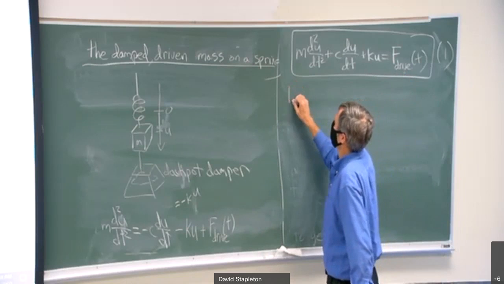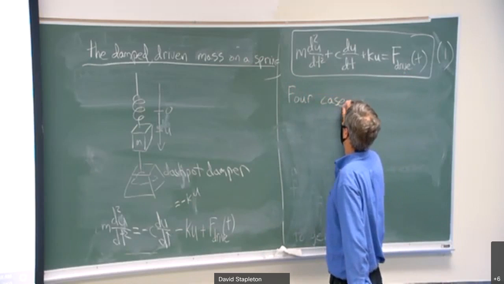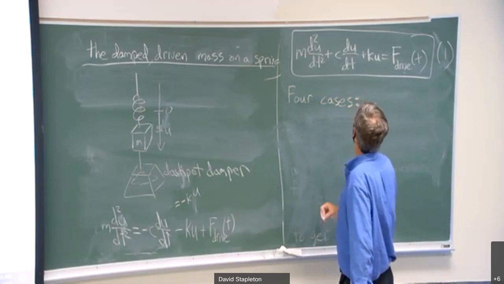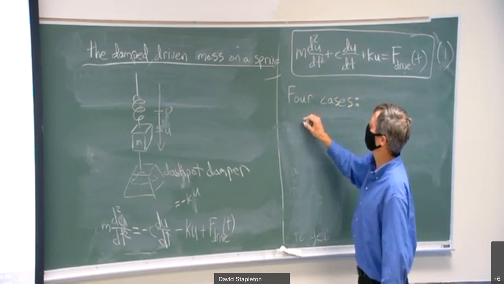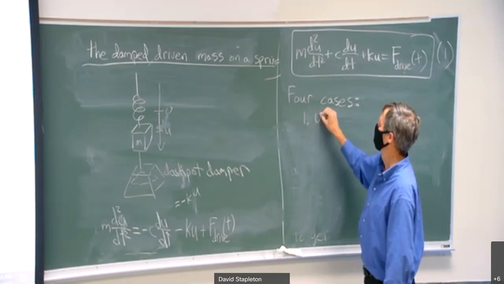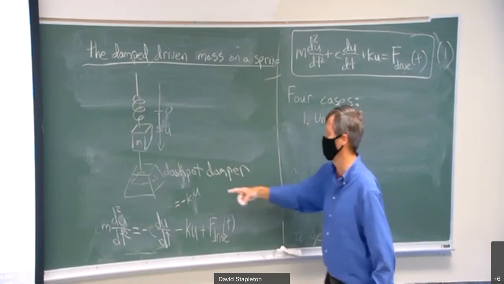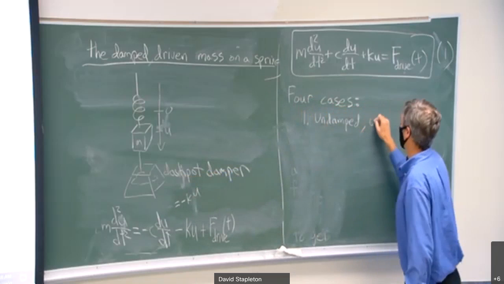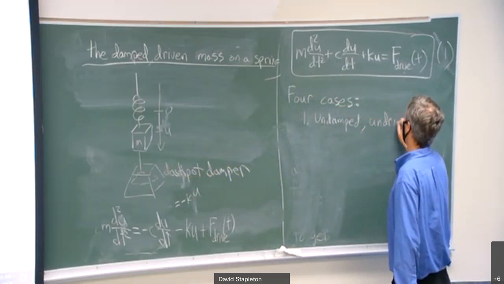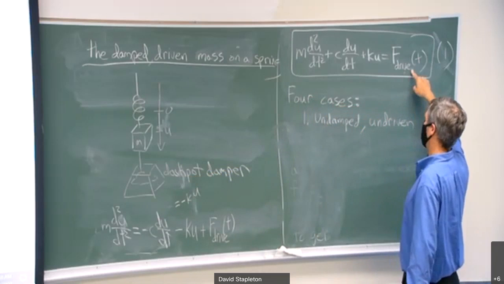So I'm going to break this up into 4 cases that can occur with this object. The first one is the undamped, undriven case that I already wrote up there. If it's undamped, in other words, no dashpot damper down here, and it's undriven, no F drive, F equals 0.